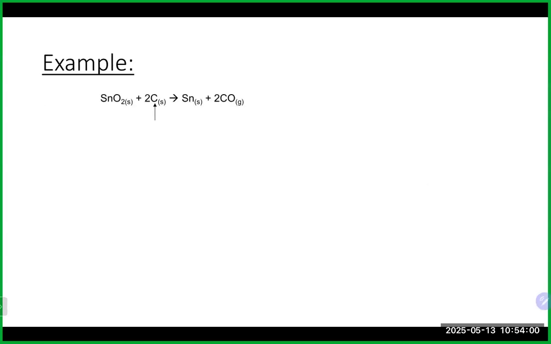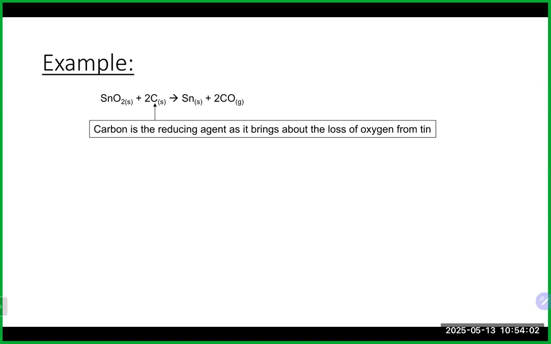Now, as I mentioned before, sometimes you can determine oxidation or reduction without necessarily looking at oxidation states, but just looking at either gaining or losing oxygen, or gaining or losing hydrogen. If we look at this case, we can see the tin here and the tin here. As the tin went from the left to the right-hand side, it lost oxygen.